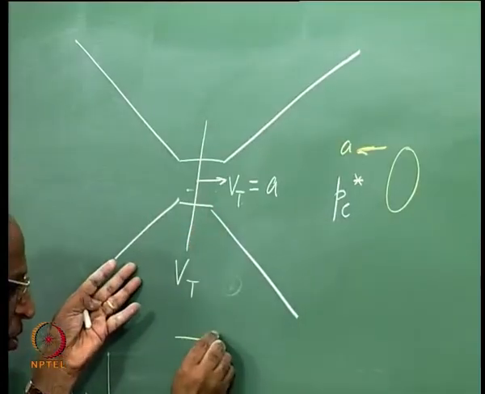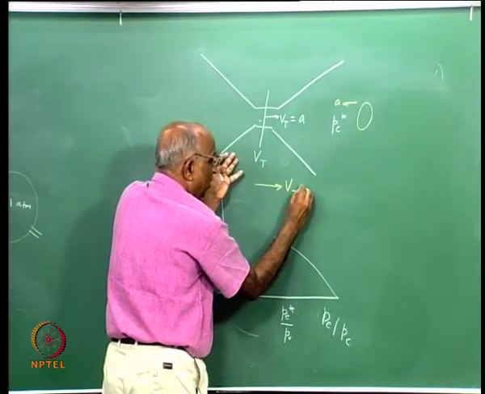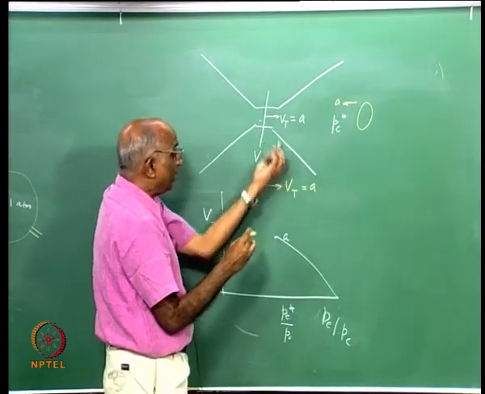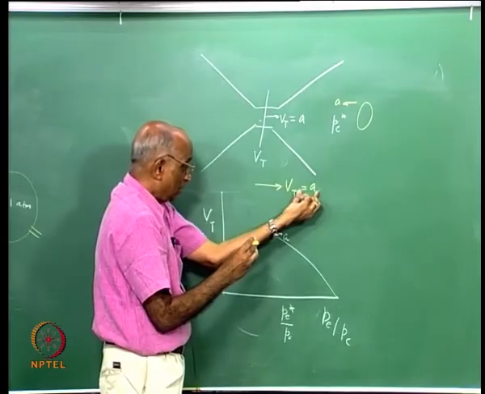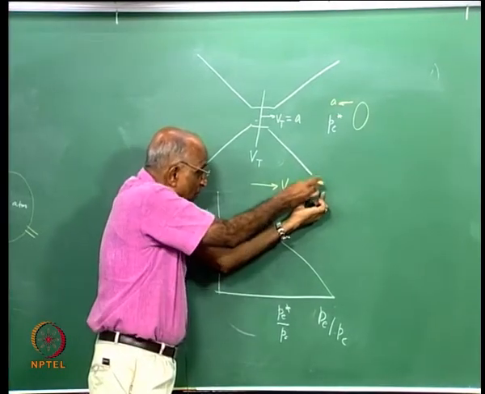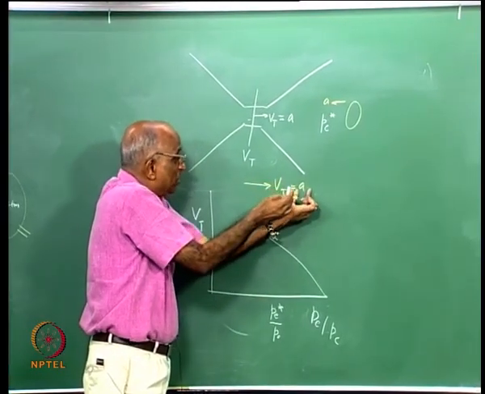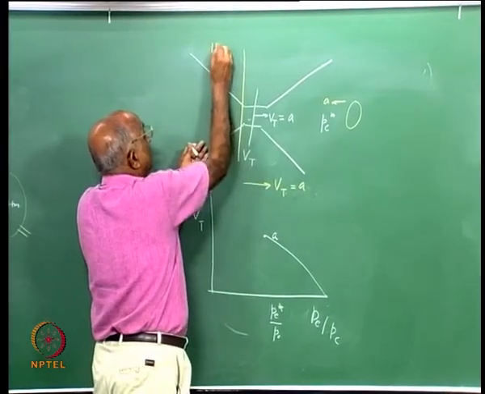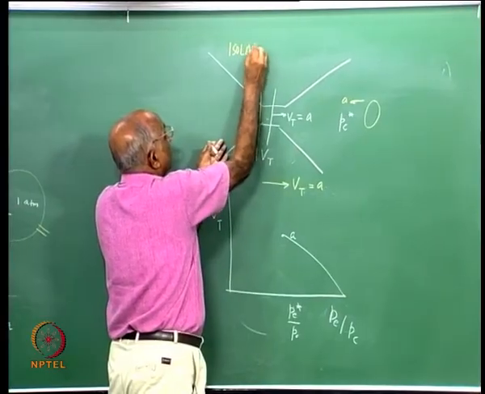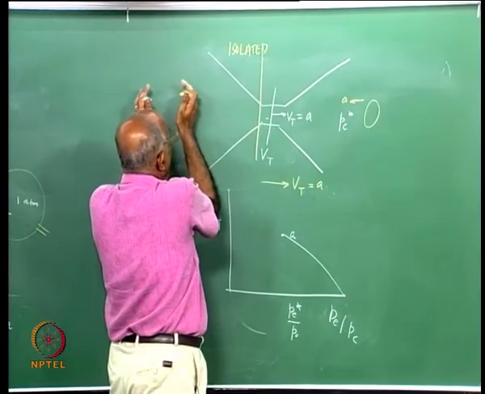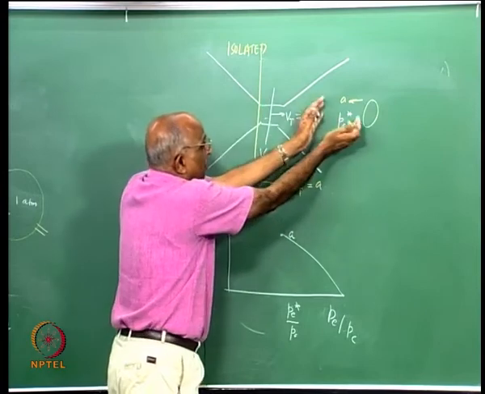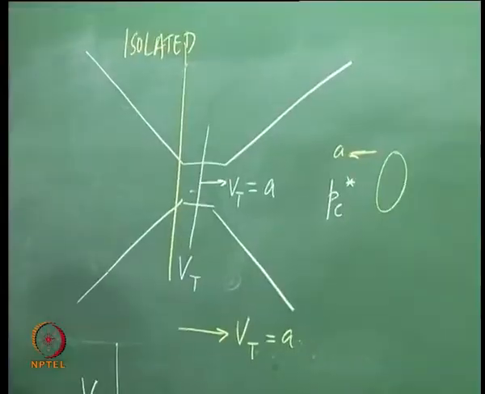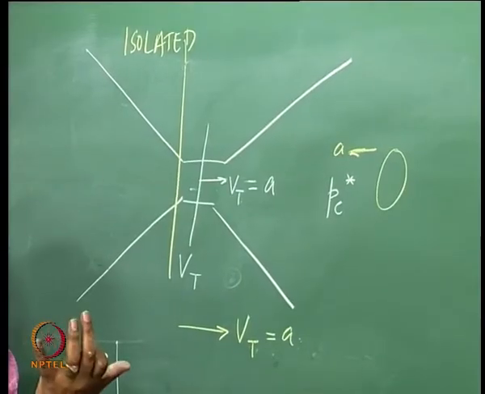But if the gas is now flowing at a velocity Vt which is equal to the sound speed, the information is flowing against it at the same speed, and therefore no information can flow here, and therefore this becomes isolated. This chamber cannot get any information of the reduced pressure here when the flow speed is A, because information or disturbances travel at the speed of sound.